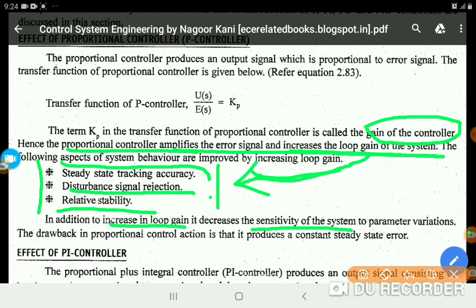What do you mean by sensitivity? It will not react to external disturbances or changes in parameter variations. It maintains the stability. So these are all the introduction of the P controller. Then what should be the drawback of the proportional controller? It produces a constant steady state error. That is a very huge drawback of a proportional controller.